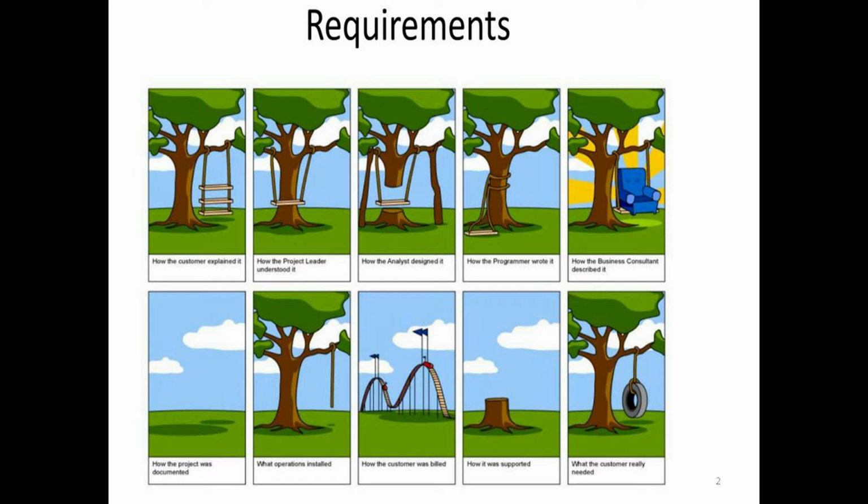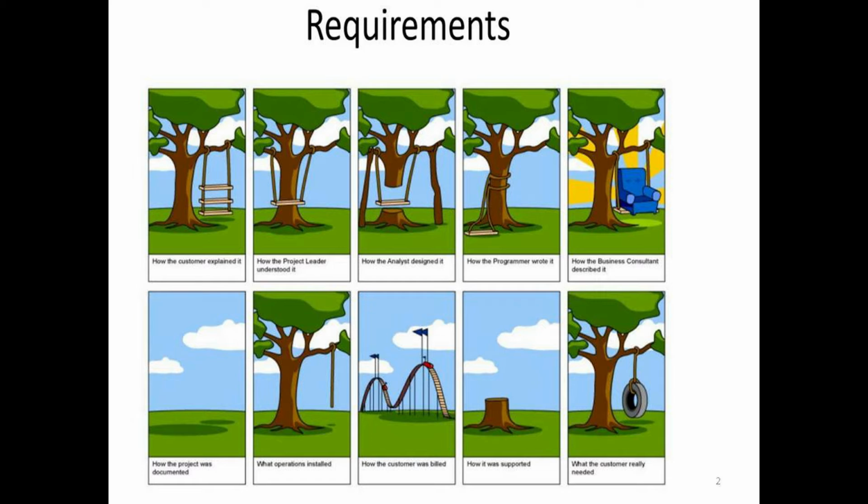This is what happens when a BA is not there. The programmer's job is to code, so they'll be busy coding. The customer has told what they want, but even the first and last pictures are different. What the customer really needed is also different from what they explained.